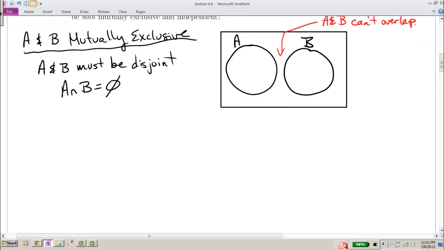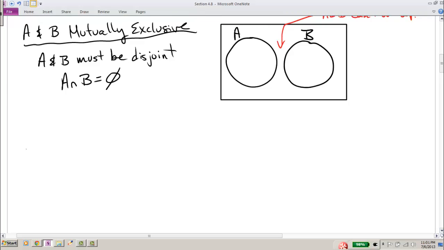Now let's think about when A and B are independent. So considering A and B to be actual events that have some probability of occurring, if they are independent, we'll see that A and B must overlap.